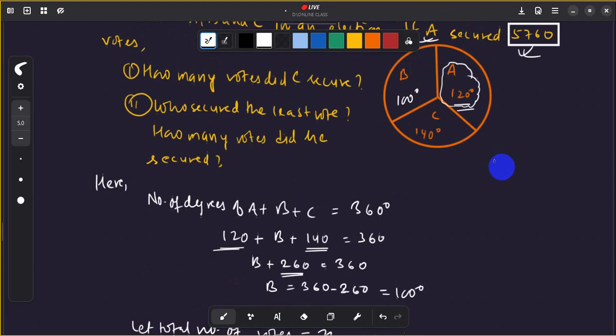But the question has asked us, how many boards did C secure? C is 140 degrees.